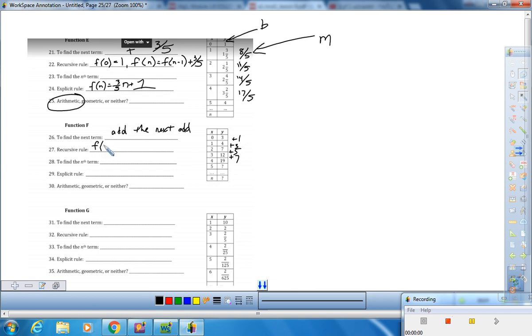I can do this. f of 0 is 3. f of n is f of n minus 1 plus 2. Let's see. Nope. Plus the previous odd. So let's see.